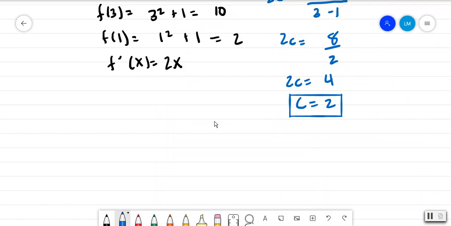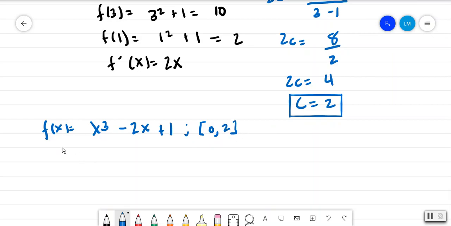So let's say, for example, that you have f of x equals x cubed minus 2x plus 1, and let's say you were looking at it from 0 to 2.